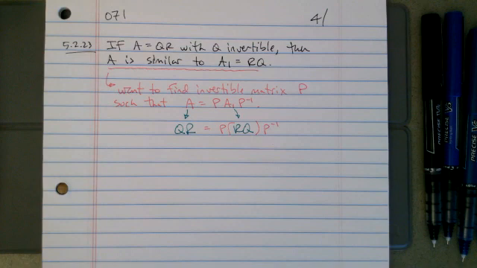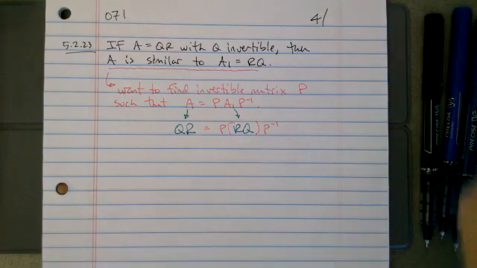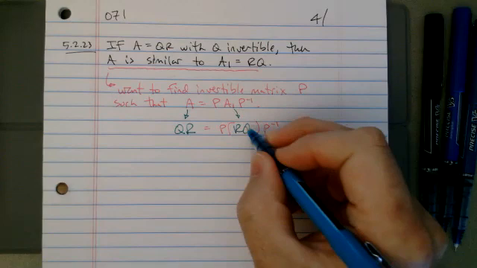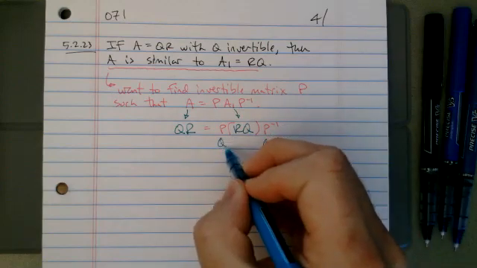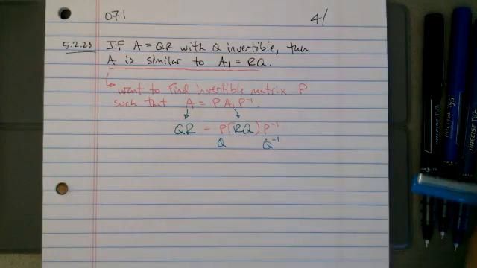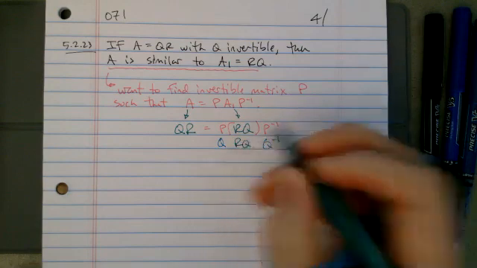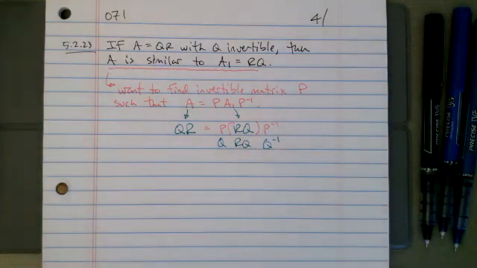So what we see is that if I put a matrix Q inverse to cancel out the Q on the left, and then I put the Q over here on the right, we can see that the matrix P that we're interested in is the matrix Q. So if A is equal to QR, where Q is invertible, then A is similar to RQ.